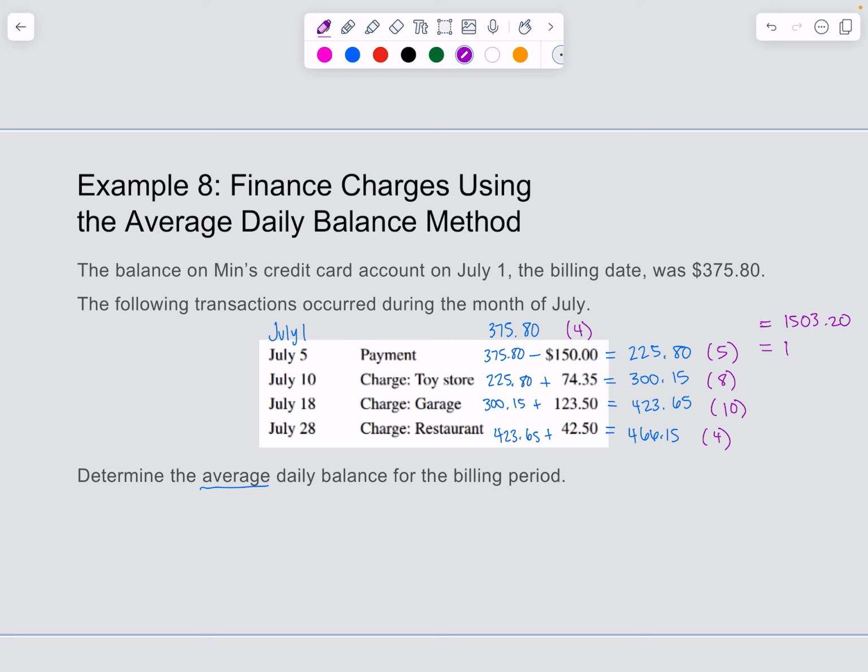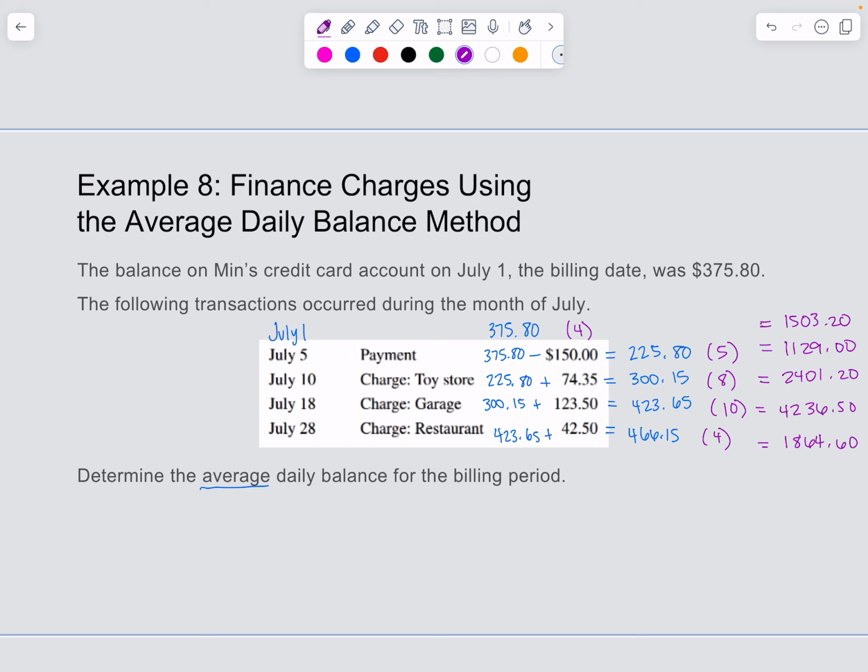We get $1129. 8 times 315, we get $2401.20. And then 10 times 423, so we get $4236.50. And last one, 466 times 4, we get $1864.60.